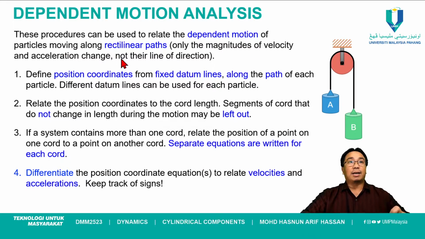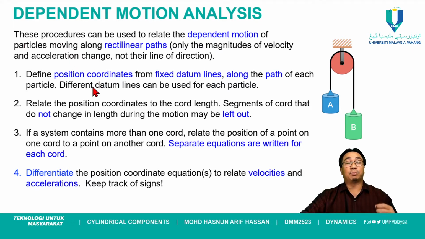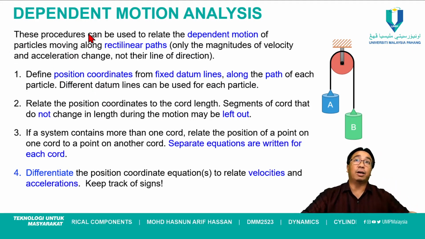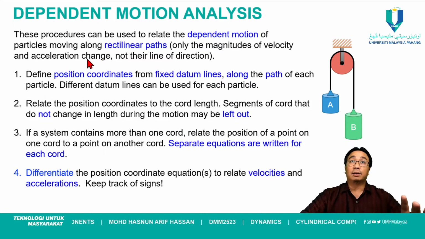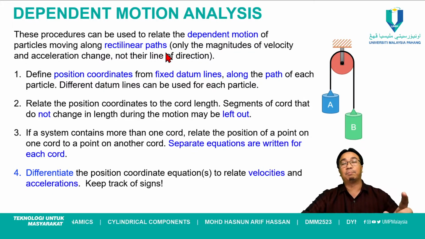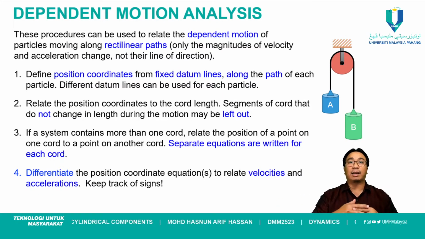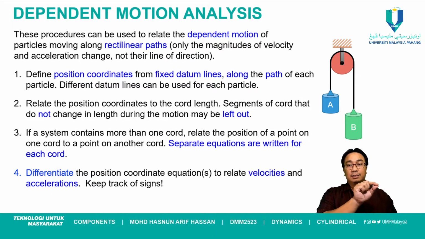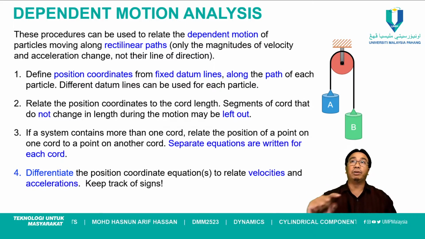To summarize this topic, there are certain procedures or steps that you have to follow. So I made a summary here. These procedures can be used to relate dependent motion of particles moving along rectilinear path. Okay, remember, only for rectilinear. What is rectilinear? The path is a straight line, not curvilinear.